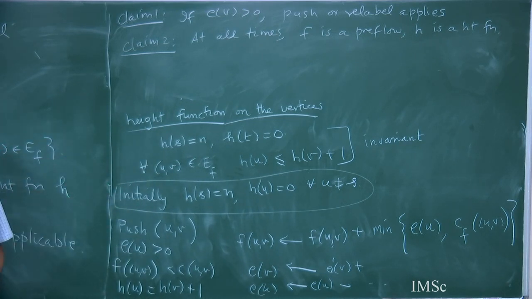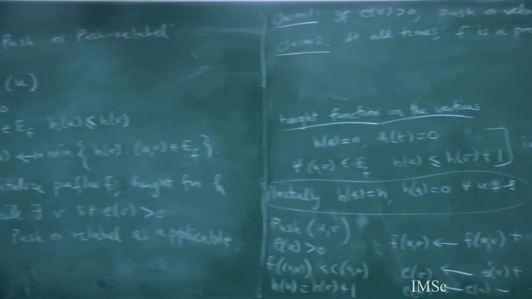Preflow is easy because I never push anything more than a capacity. But to argue that you satisfy the height function, you have to do some case analysis. That's a property of the algorithm.